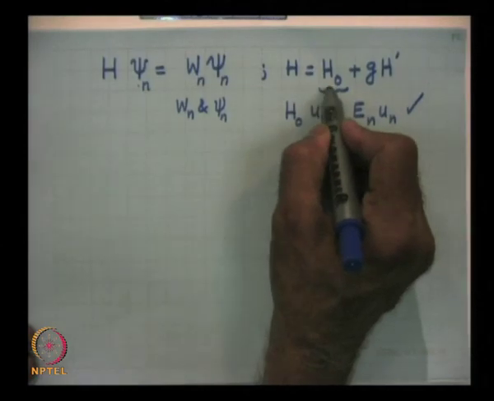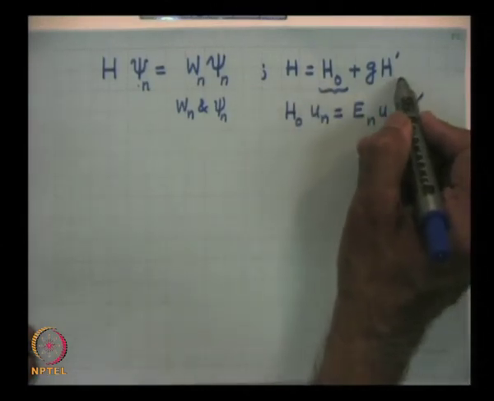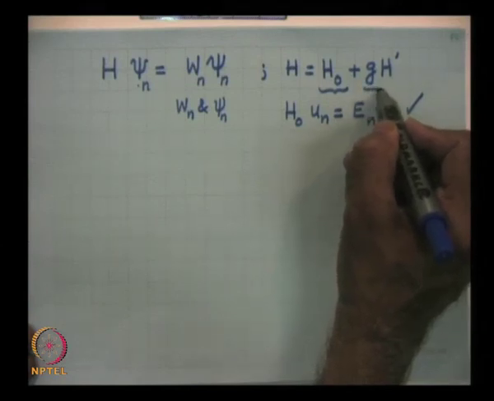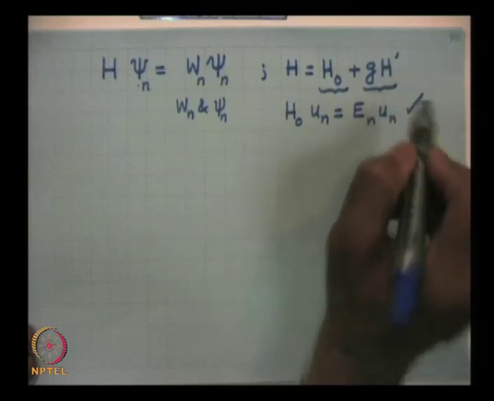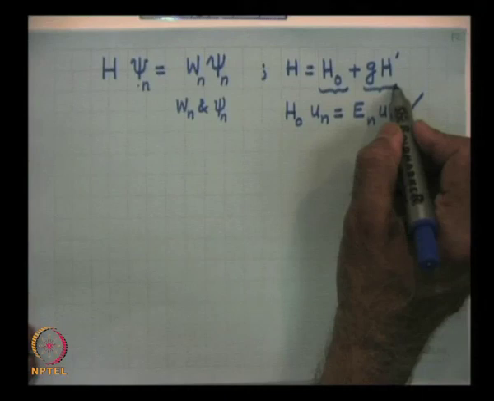The hydrogen atom is put in an electric field or in a magnetic field. Because of the presence of the magnetic field, it results in an additional term in the Hamiltonian.